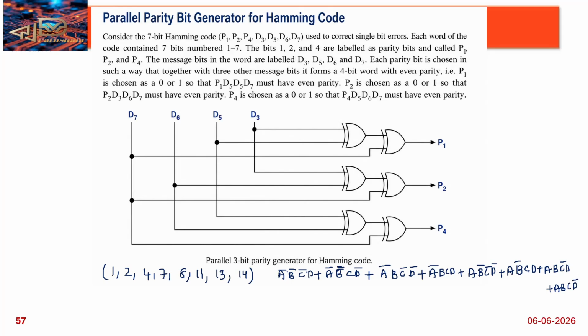Then common the variables here: A bar B bar is the common for the first two variables. A bar B bar gets the common here, C bar D plus C D bar.